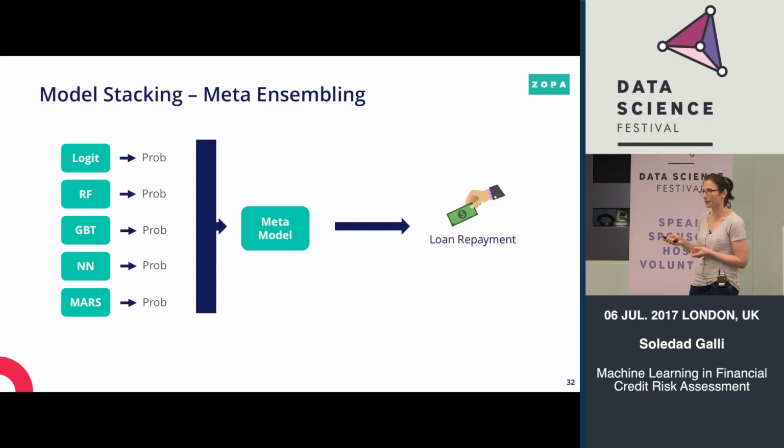Another way of stacking algorithms is to build any machine learning model that you want, using the probabilities of the first models as the variables. So you will have a machine learning model on top of the other machine learning models. And the output produced by that meta model is what you can then use to predict the probability of repayment.